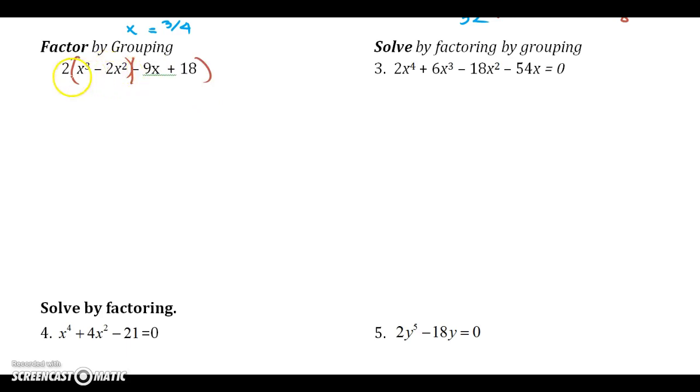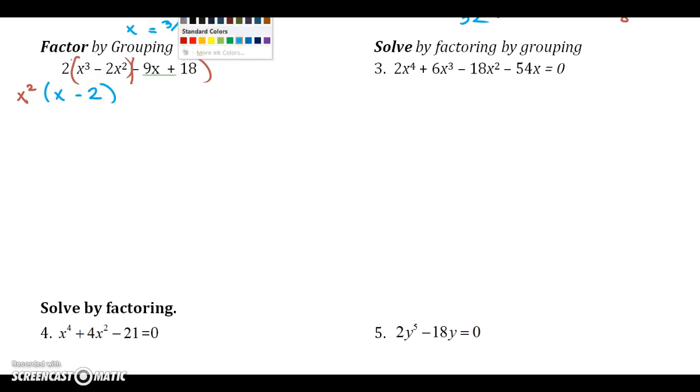So just looking at these two terms, what do x cubed and minus 2x squared have in common? Well, they both have an x squared, so I'm going to factor that out. Then, looking at this part, if I took out x squared, what's left? x minus 2. Great, your first one is done.